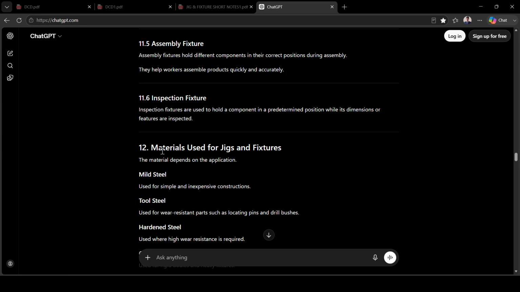Assembly fixture. Assembly fixtures hold different components in their correct position during assembly. They help workers assemble products quickly and accurately. Inspection fixture. Inspection fixtures are used to hold a component in a predetermined position while its dimensions or features are inspected.